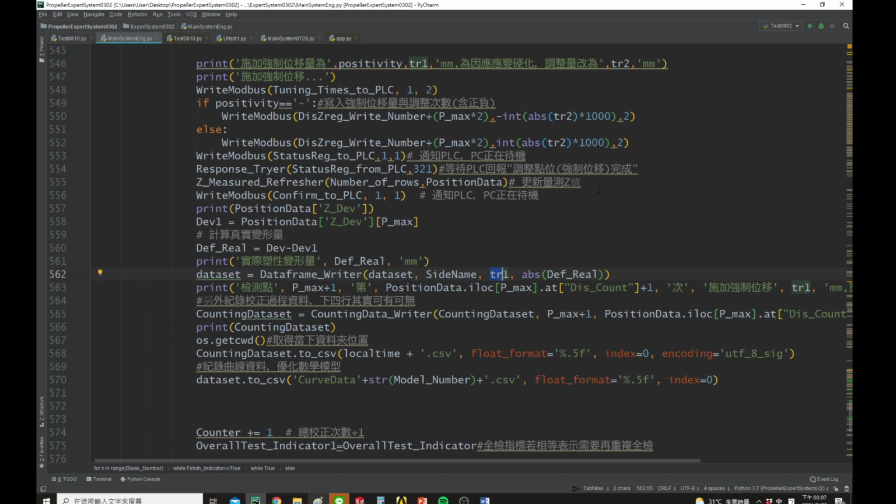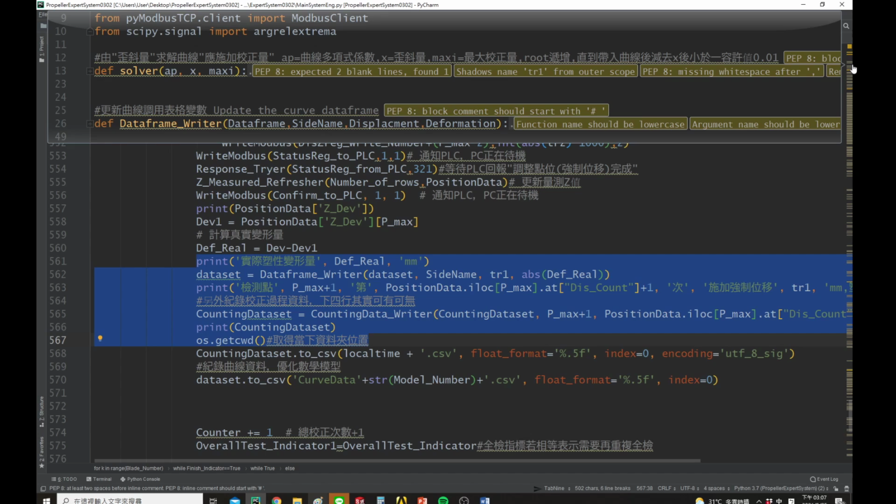After many times of single point tuning, there will be new data points coming into our database. So this part is for that: we optimize our mathematical model of the curve data.